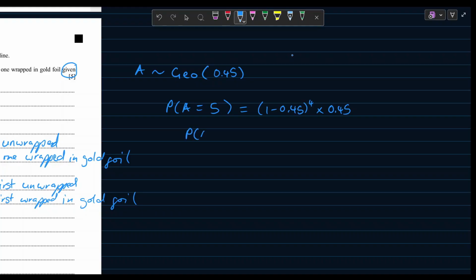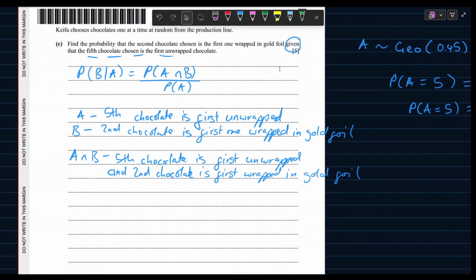Let's punch this into the calculator. This gives us 0.0411778125. Okay, I'm giving the exact value because I might want to use that for other things.